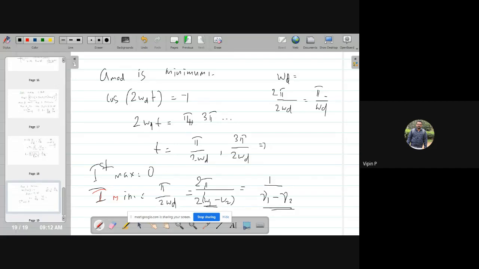Pi by 2 omega d. What is that mistake I'm making?